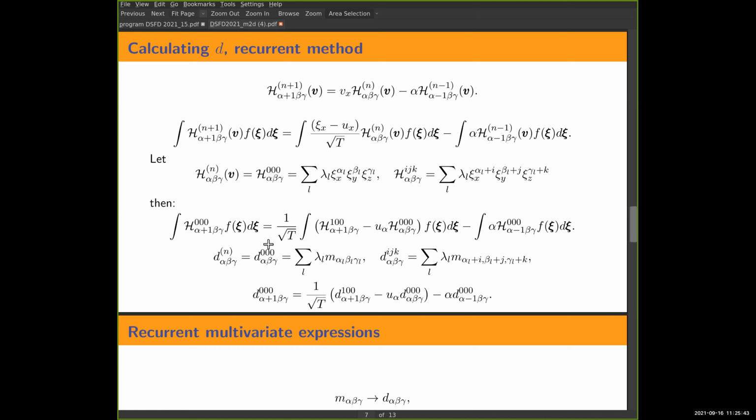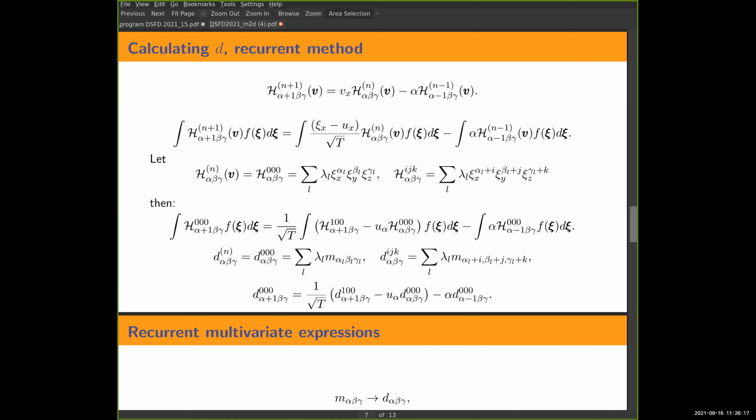If the Hermite polynomial is expressed as a linear sum of monomials with coefficients lambda, then the newly introduced notation with i, j, k at the top, the superscript, is defined as this kind of sum with increased orders in the monomial. Then the recurrent expression can be expressed in the new definitions as this line shows.